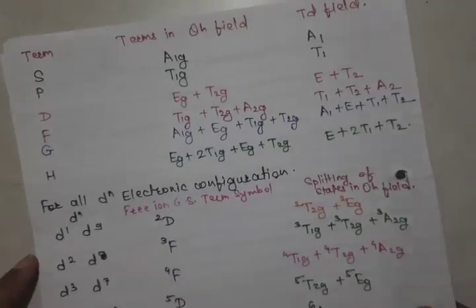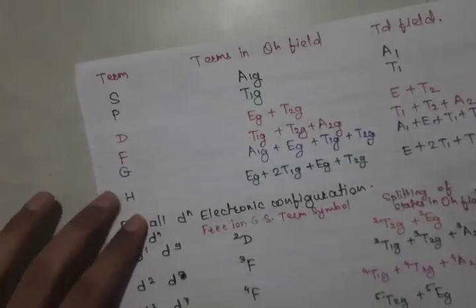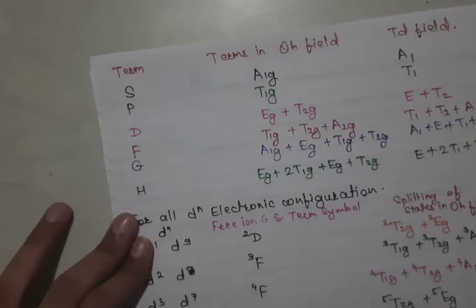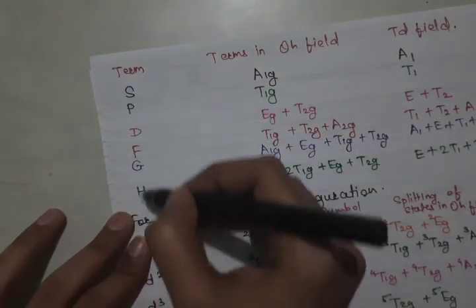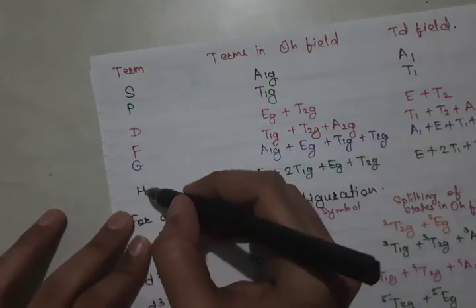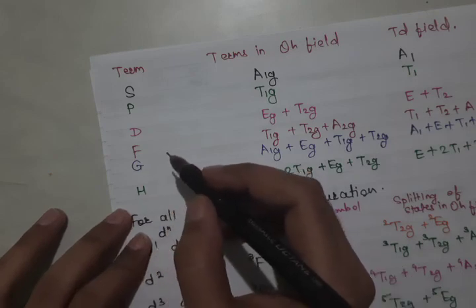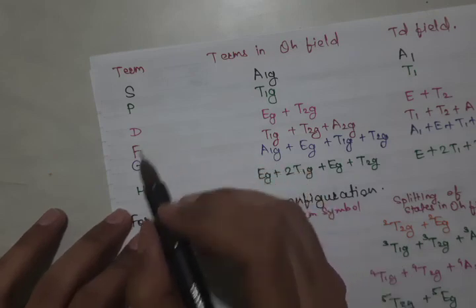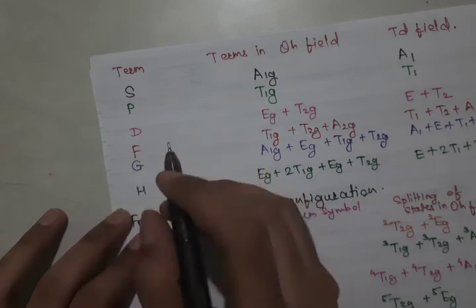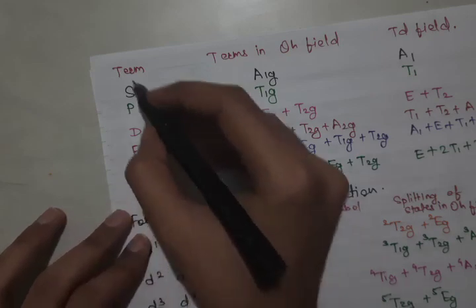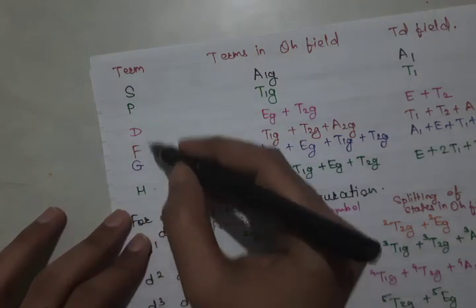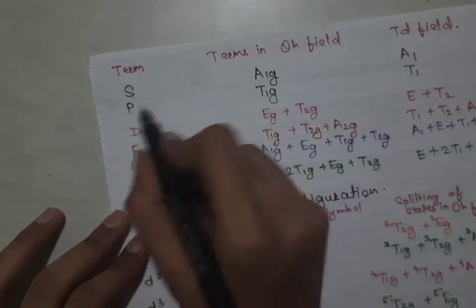Terms. So what are the different terms that arise, we can calculate using the term symbol formula. How to find out the term symbol, how to find out the multiplicity, J value, all these things we have covered in the previous class. So right now I am just taking these terms arising, the RS terms.